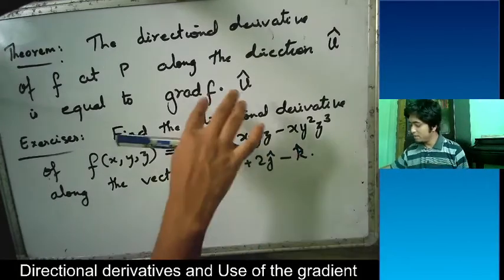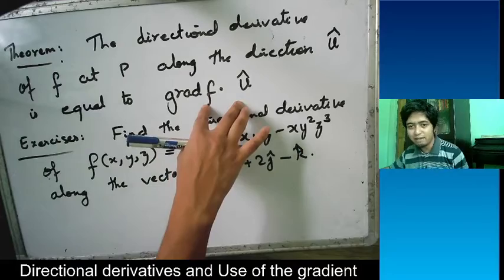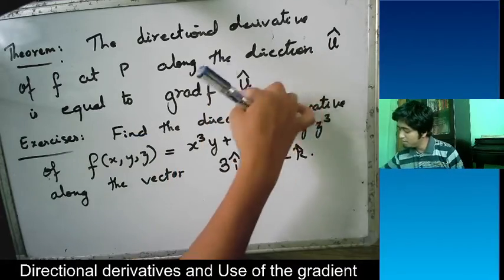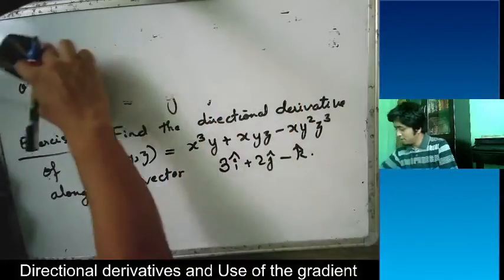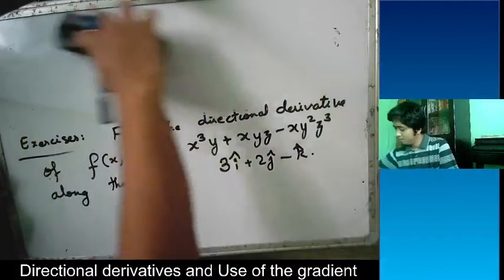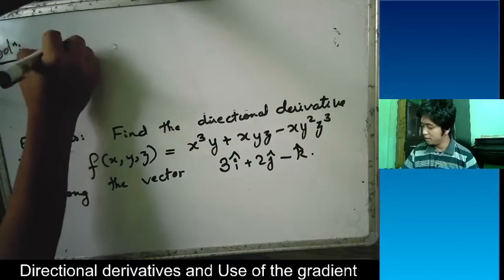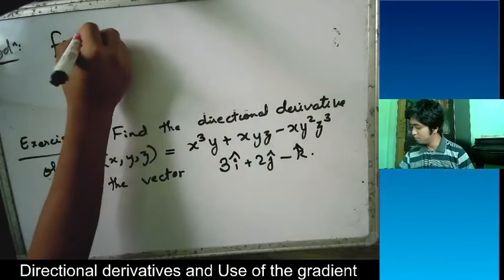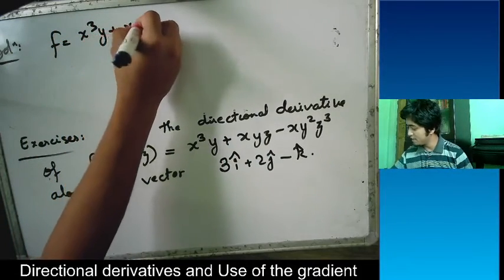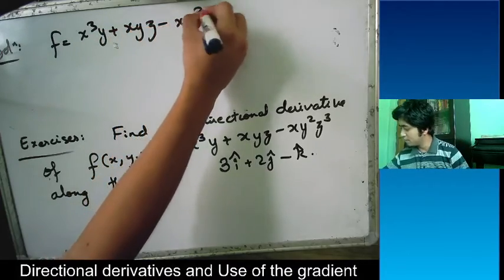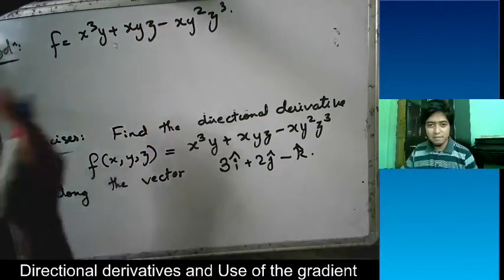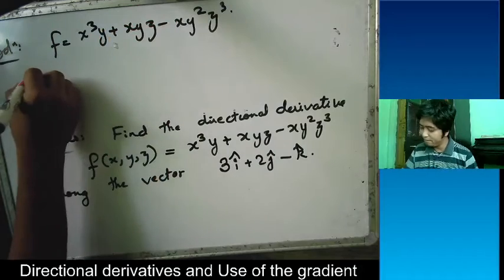We will use this theorem, but we have to be very careful because this one should be a unit vector. So let's see. Solution. Over here f is equal to x cubed y plus xyz minus xy squared z cubed. So first let us calculate gradient f.